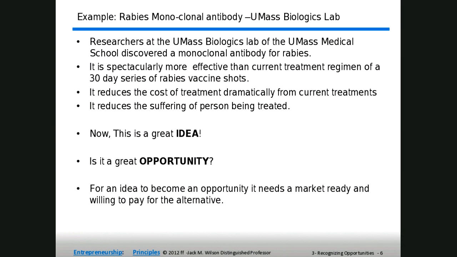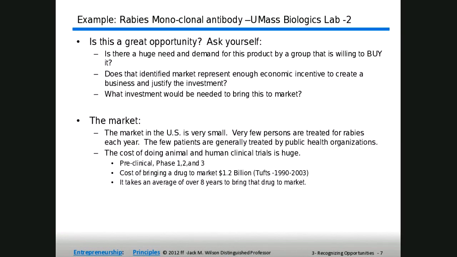So let's look at this in a little more detail now. We get right down to the customer discovery process, as we're going to call it when we do the Lean Launchpad. Is this a great opportunity? Is there a huge need and demand for this product by a group that's willing to buy it?